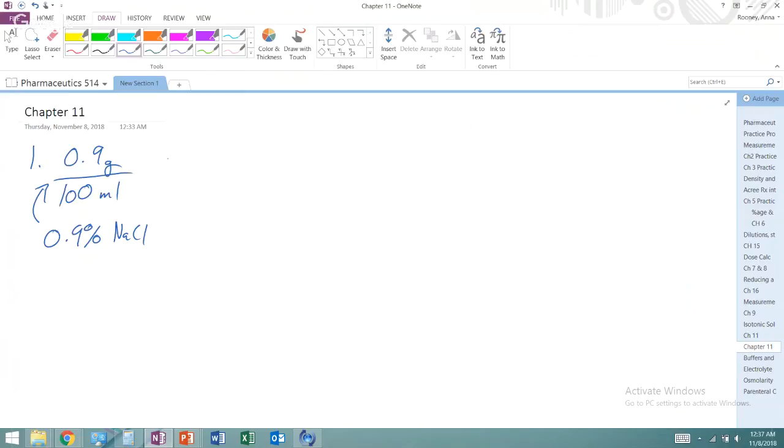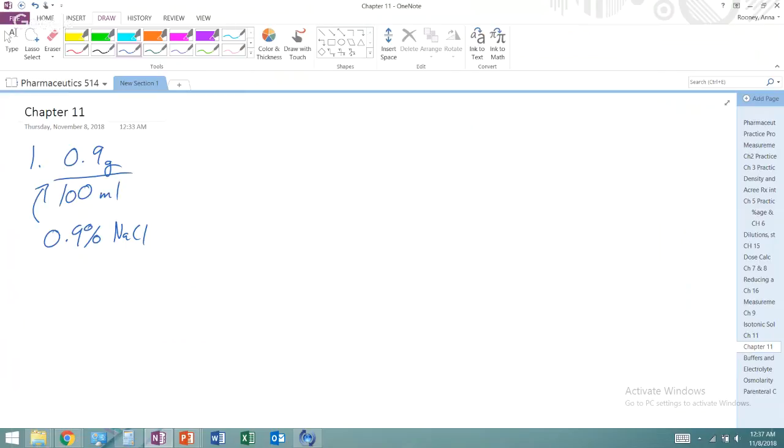Changing it to boric acid, you need to look up the E-values list in your book, or you can pull up an MSDS page and find them.